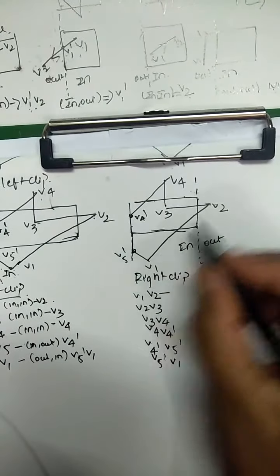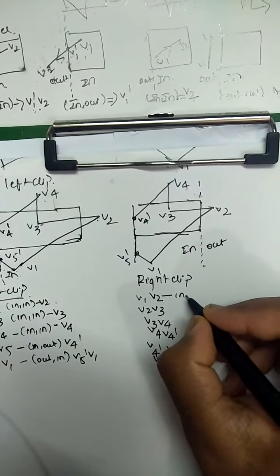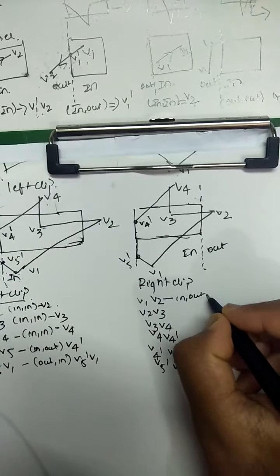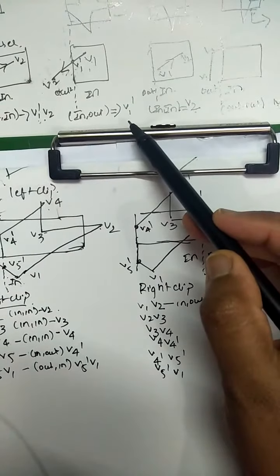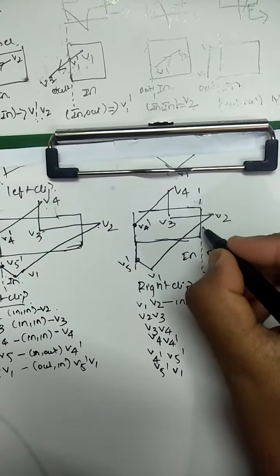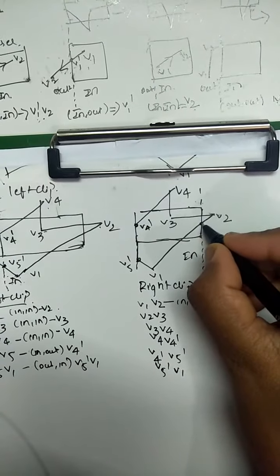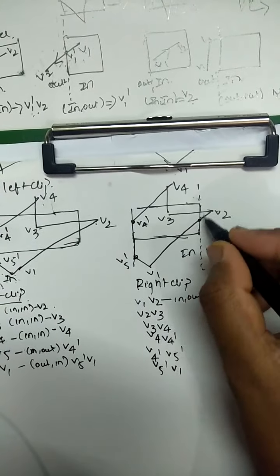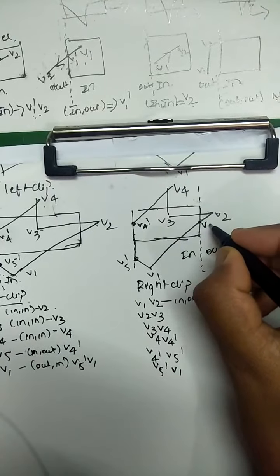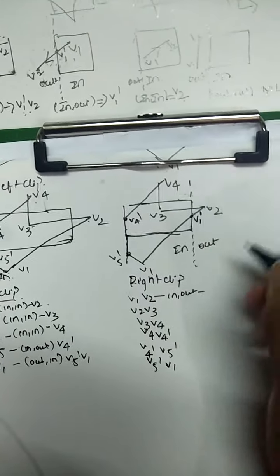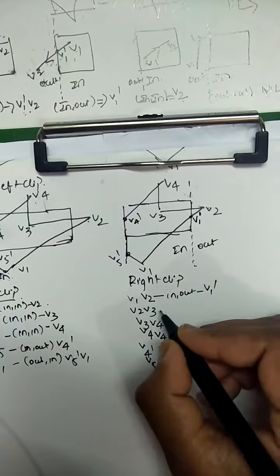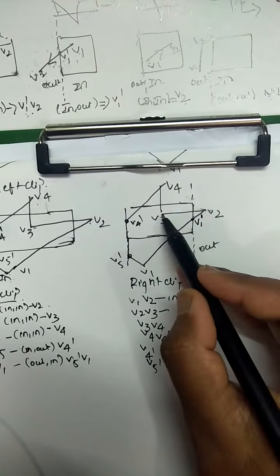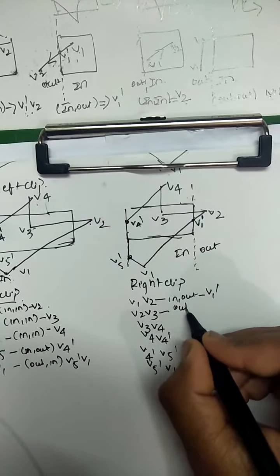So v1, v2, this is moving from in to out. If it is in to out, then we have to take the inner vertex intermediate. I have to draw here, not here, because this is my cutting boundary, v1 dash. So it will be v1 dash. v2 to v3, it is from out to in.